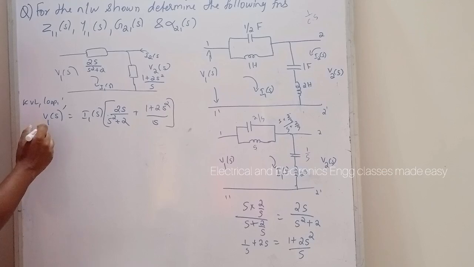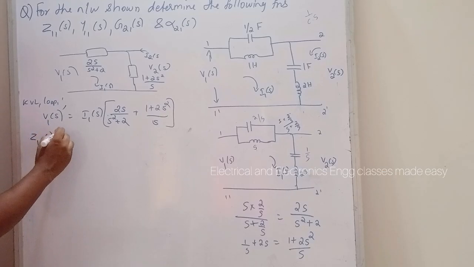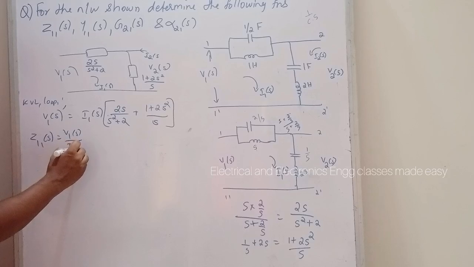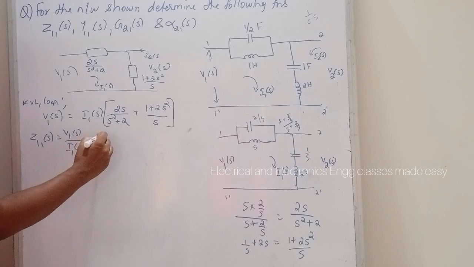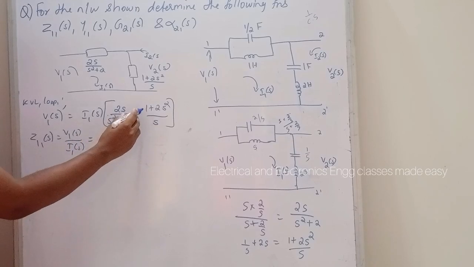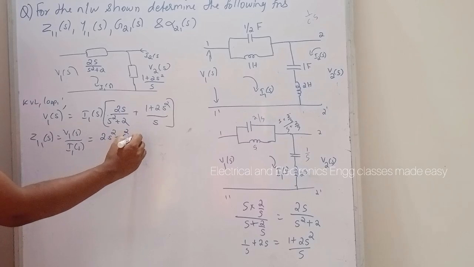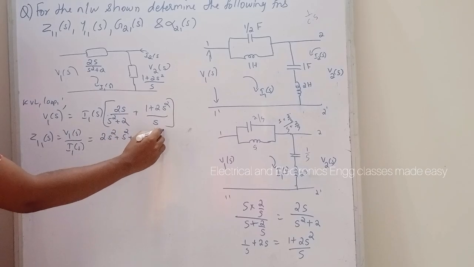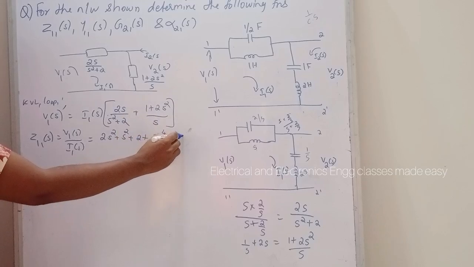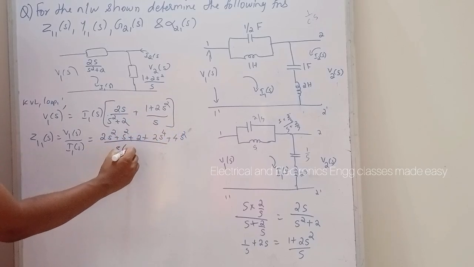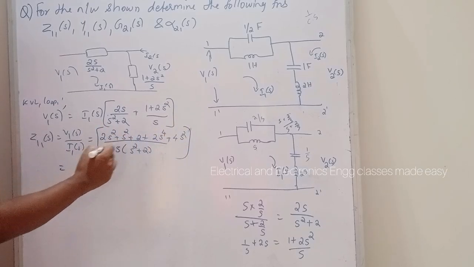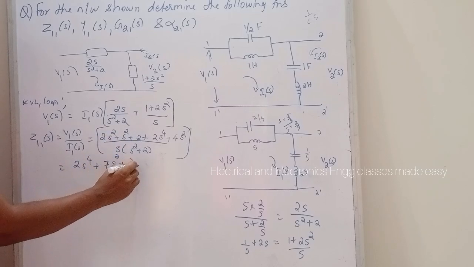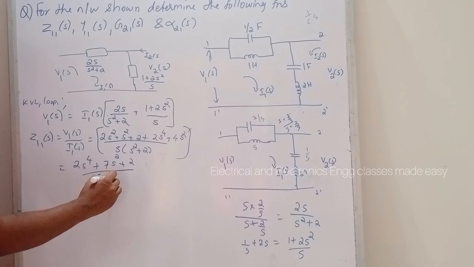That is, from this one we can write Z11 of s, that is V1 of s divided by I1 of s, is equal to this one, and we can rearrange this equation, that is 2s square plus, here we will get s square plus 2 plus 2s raised to 4 plus 4s square divided by s into (s square plus 2), that is equal to (2s raised to 4 plus 7s square plus 2) divided by s into (s square plus 2).